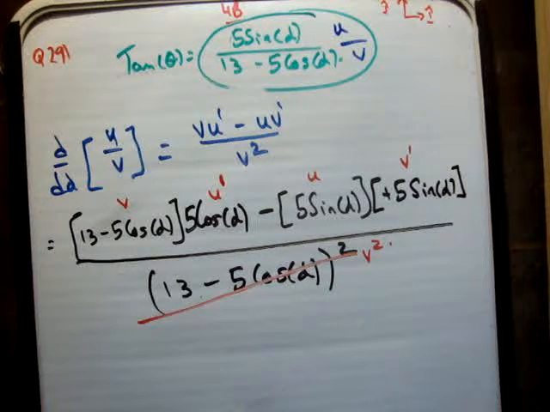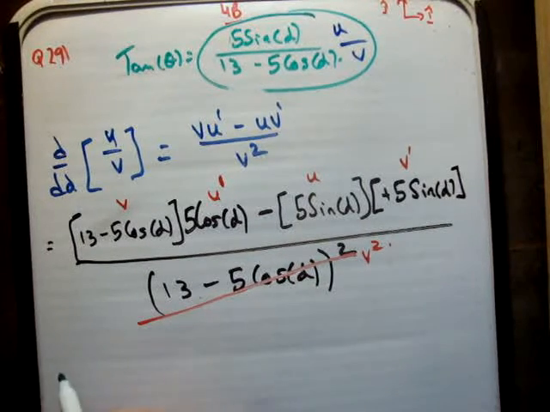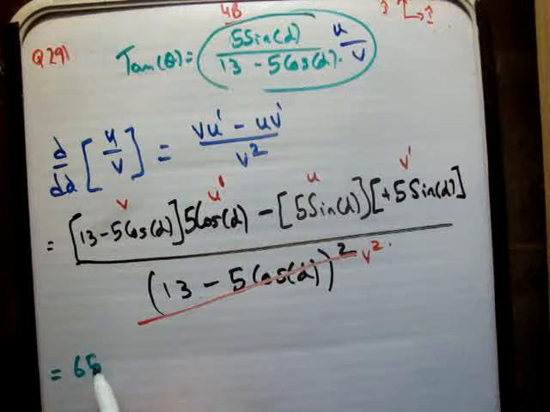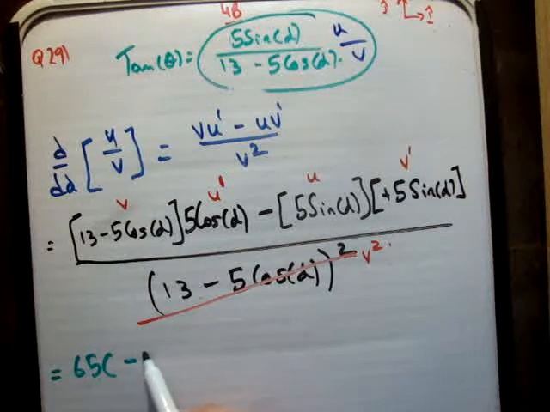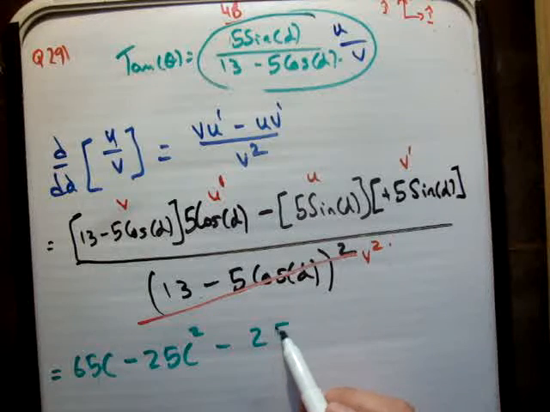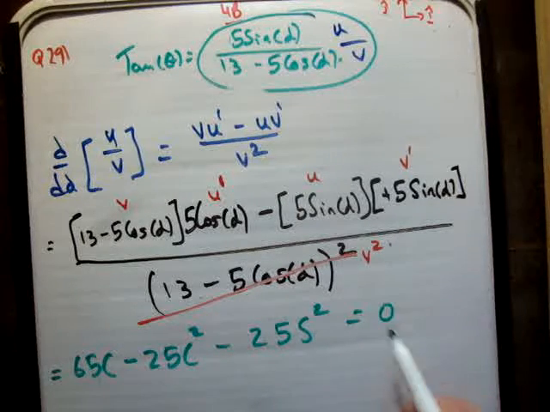So what we're left with is the following. And I'm going to use c and s for cos and sine. So it's just going to be a bit of algebra, nothing too mad at all. Alright? So the first thing is we're going to get 65 times the cos minus 25 times the cos squared minus 25 times the sine squared is equal to 0.